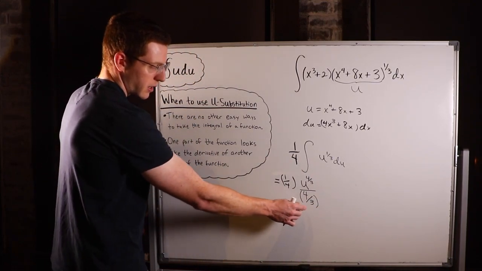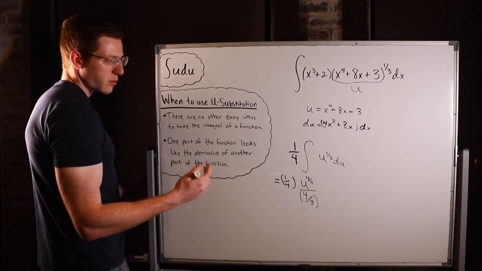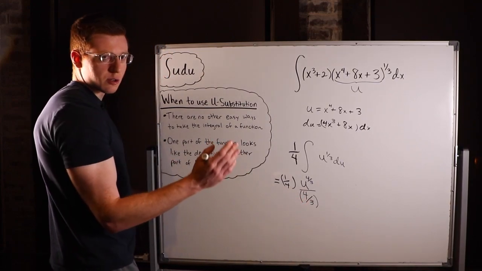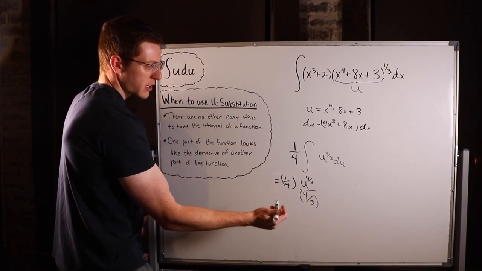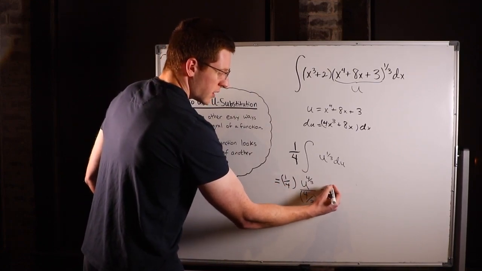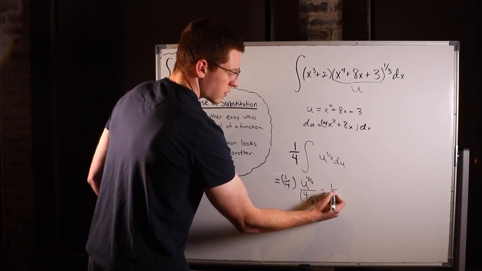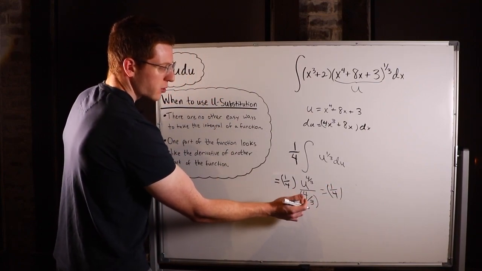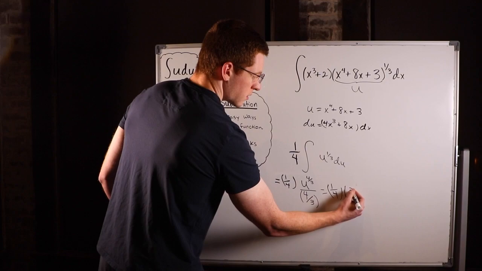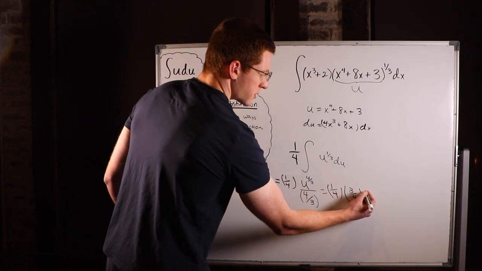Okay, so now we've got an ugly looking fraction in the denominator here. To get rid of that, we'll use the rhyme: dividing fractions, don't you cry, flip the second one and multiply it with the other fraction. So this will now be 1/4 times, remember we have to flip it, 3/4 times u to the 4/3.